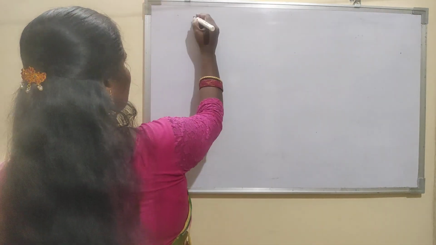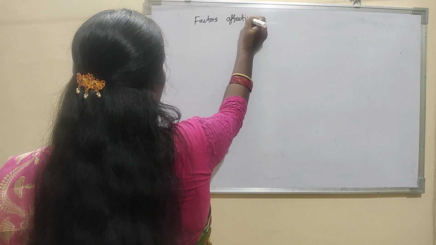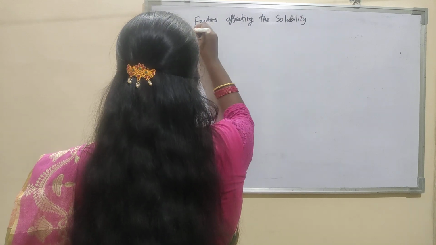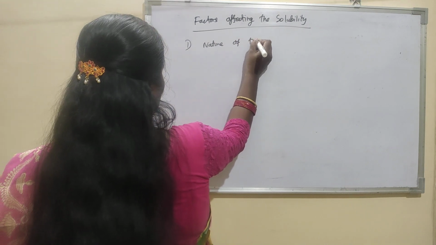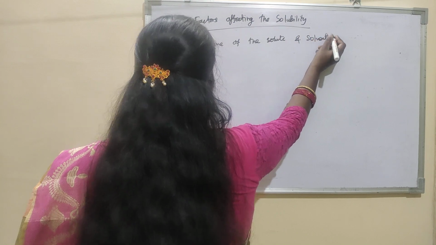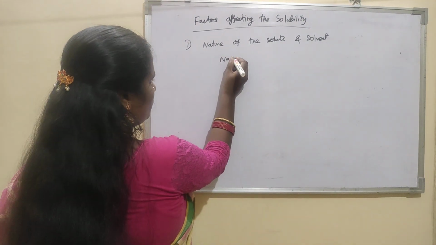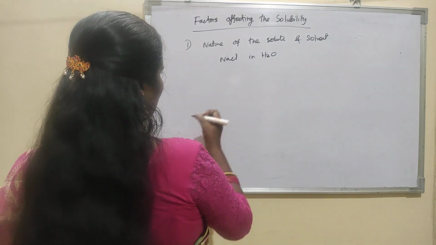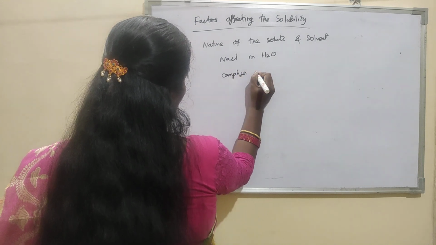So what are the factors which affect the solubility? The first factor is the nature of the solute and solvent. For example, sodium chloride will be soluble in water, and I am taking camphor in kerosene.